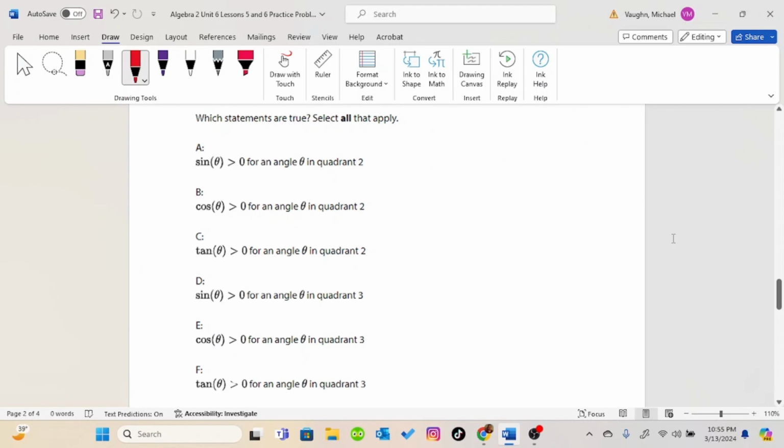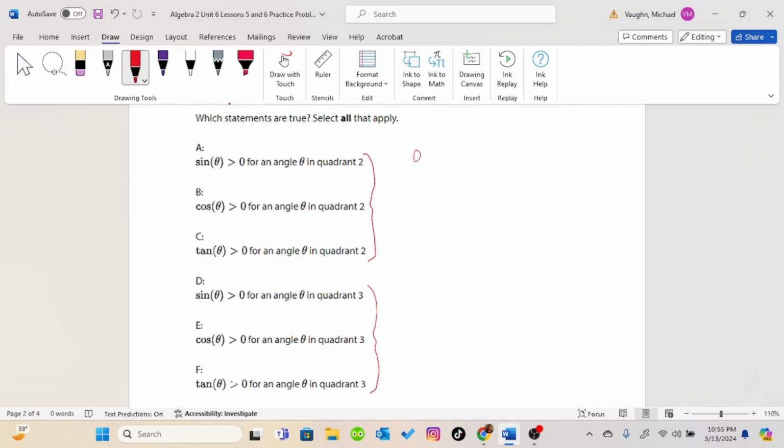Which statements are true? Select all that apply. So notice A, B, and C are asking about quadrant 2, and D, E, and F are asking about quadrant 3.